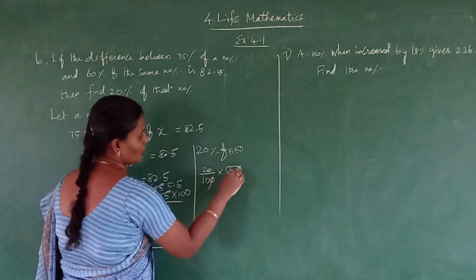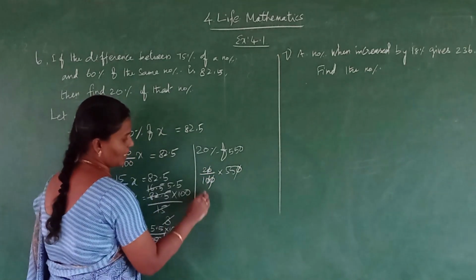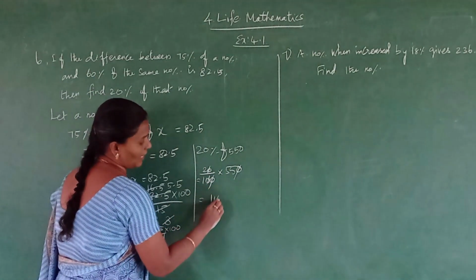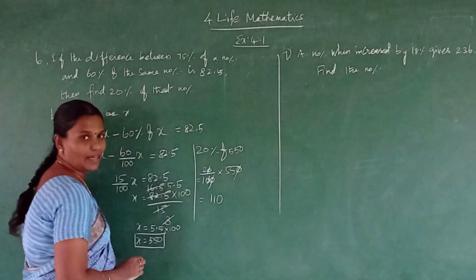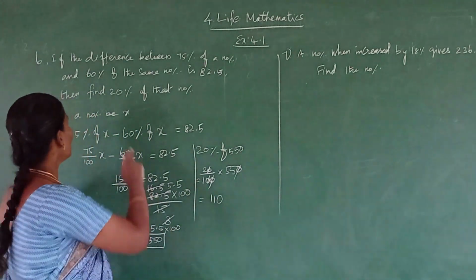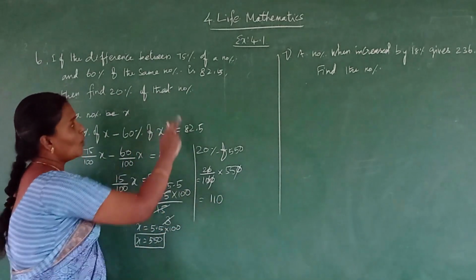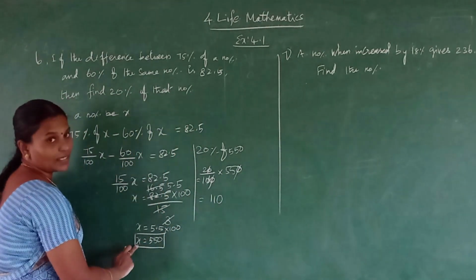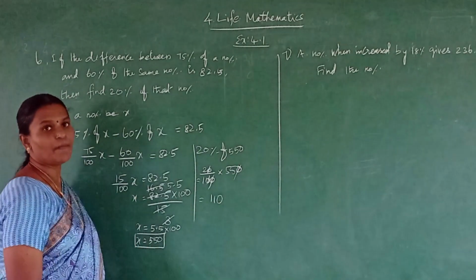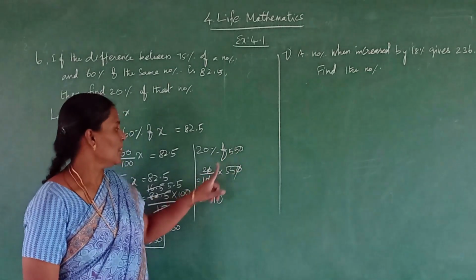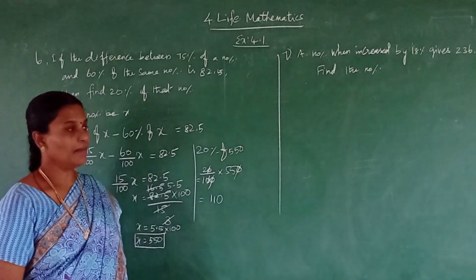Now the zeros cancel. So 2 fives are 10, and 11 tens are 110. So 20% of that number is 110. Here x is equal to 550, so 20% of 550 is equal to 110.